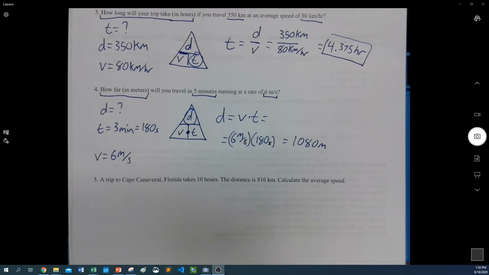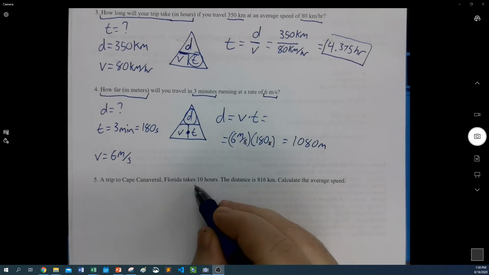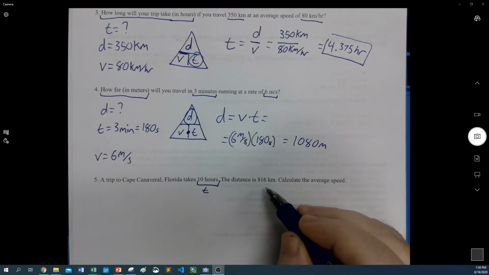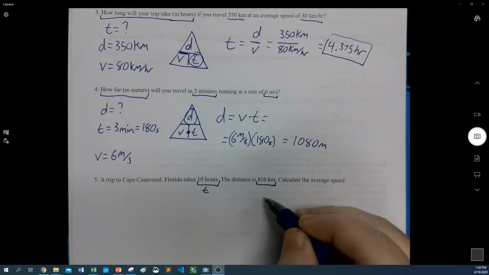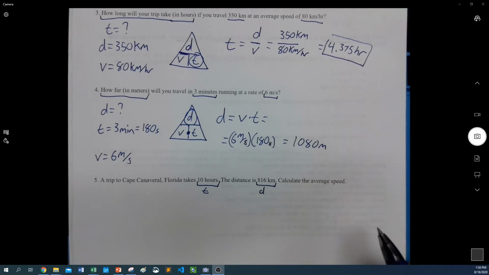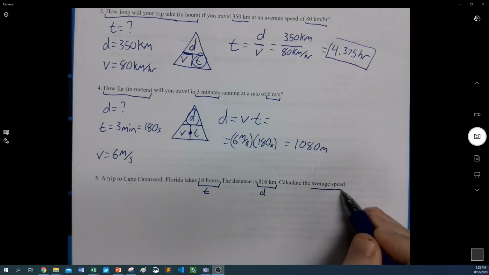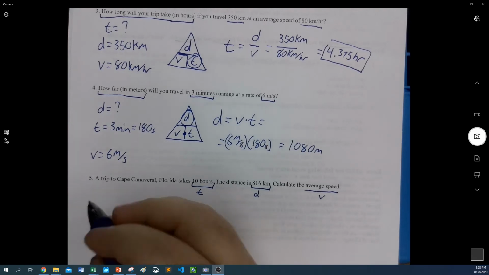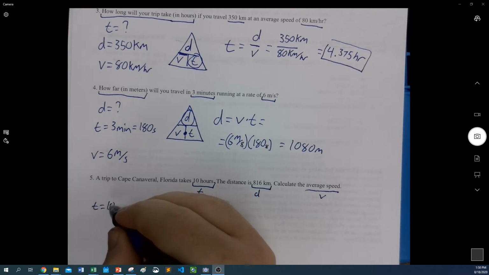Everyone get an answer? So a trip to Florida takes 10 hours. That's your time. The distance is 816 kilometers. And we're trying to find average speed. So time, 10 hours.